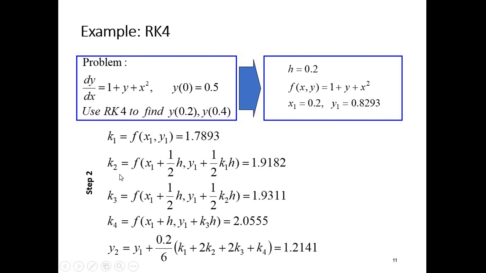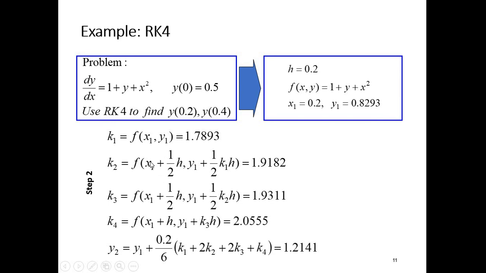And then k2 is equal to f of x1 plus half h, comma, y1 plus half k1 h. This should give you 1.981. So what you are simply doing, in place of x, you substitute the x coordinate that you will obtain.